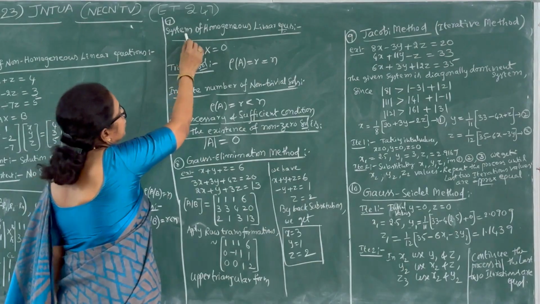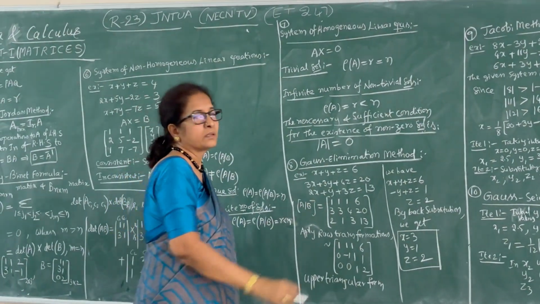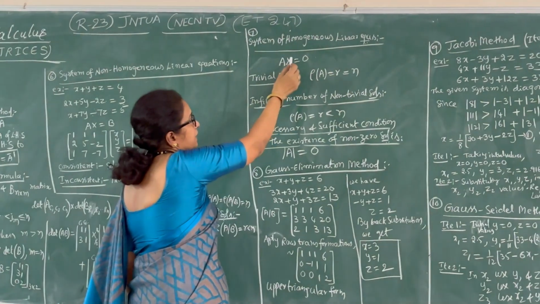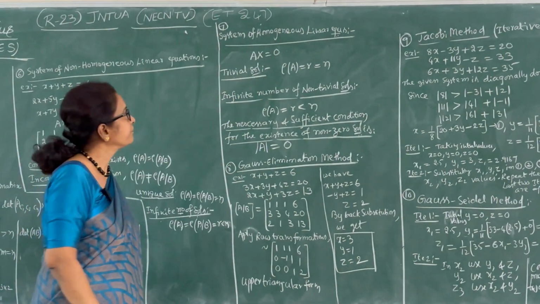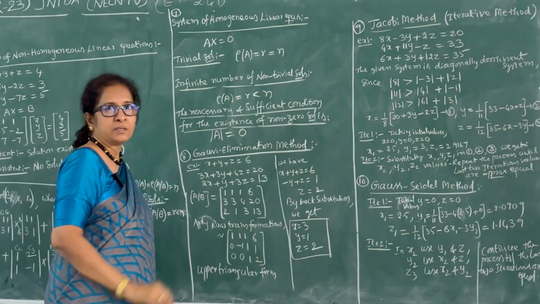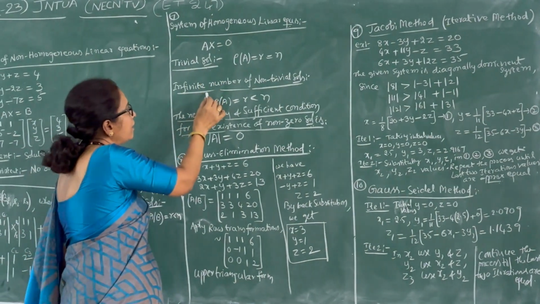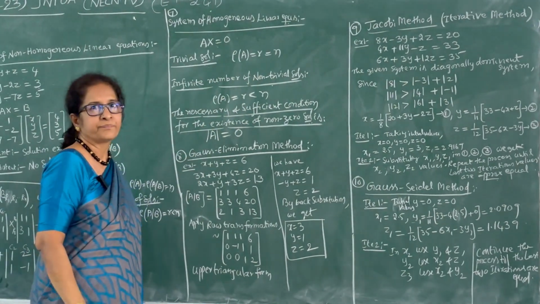Next topic is system of homogeneous linear equations. The matrix form of these equations is AX = 0. This system of equations has either a trivial solution or an infinite number of non-trivial solutions.